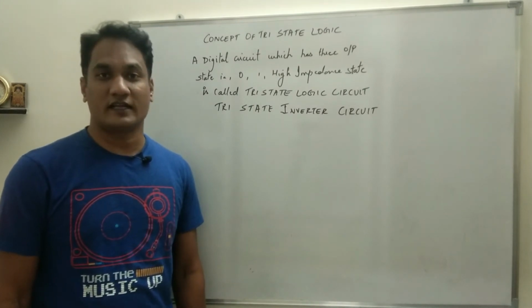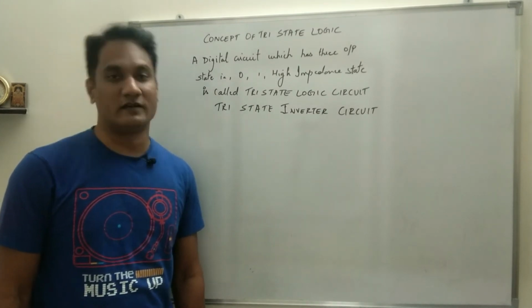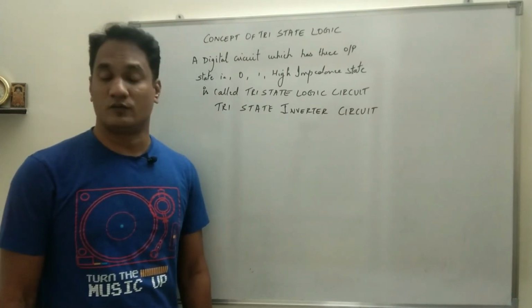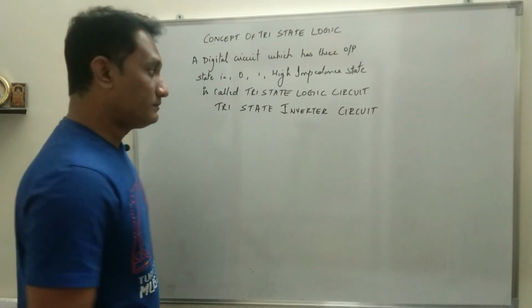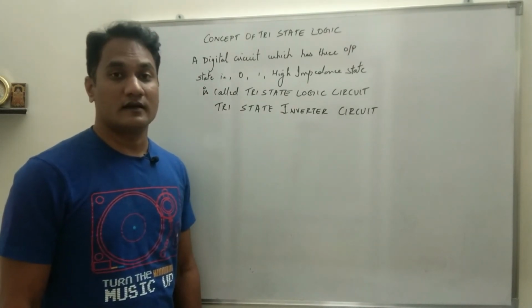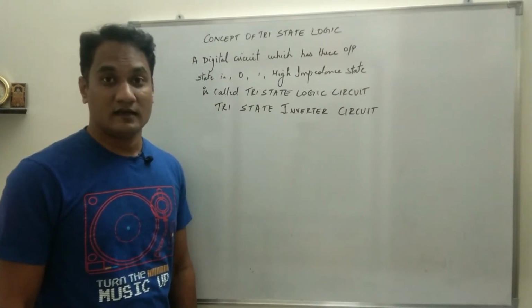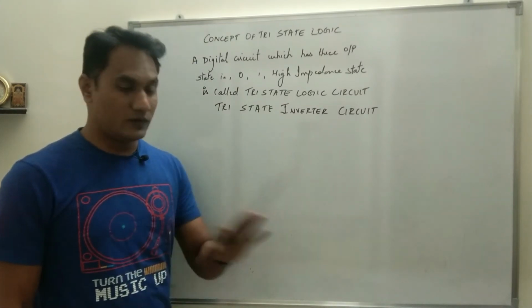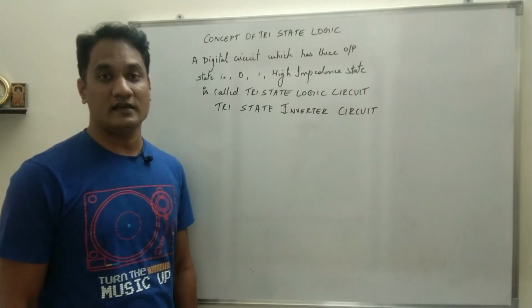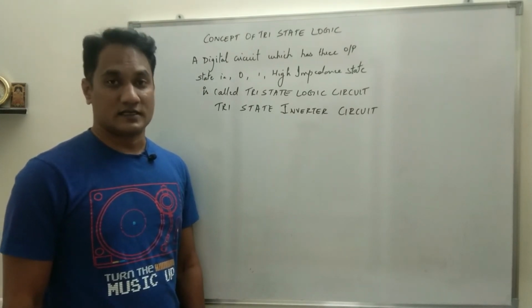That means, of course, NOT gate, only one input and one output. If the input is 0, the output is 1. If the input is 1, the output is 0, right? But in a tri-state inverter circuit, there will be a high impedance state where the output will always be 0 irrespective of whatever be the input. Let us try to understand the working of such type of circuit.